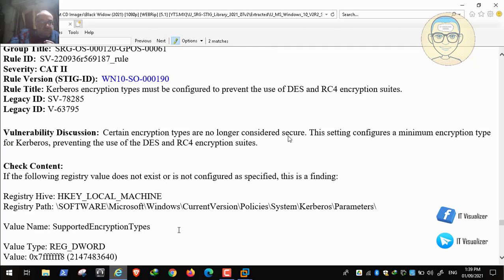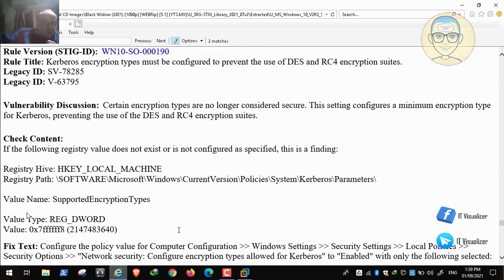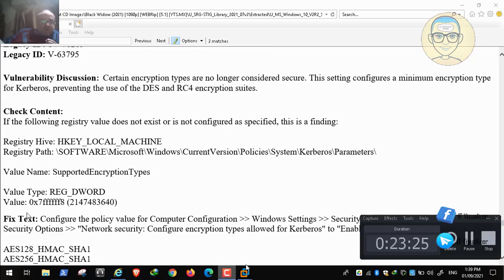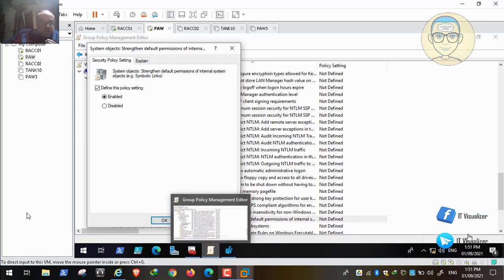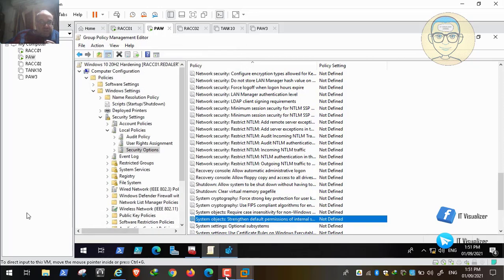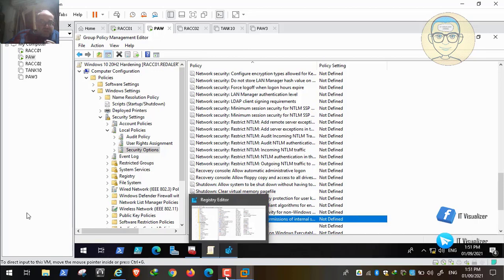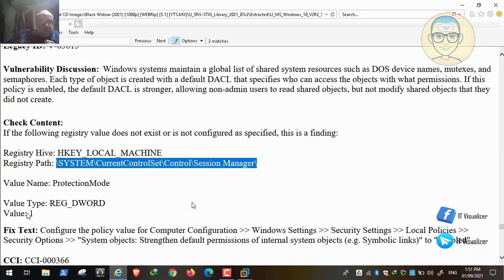So we need to strengthen our Kerberos protocol so that the authentication data, the username and the password, is not encrypted using all kinds of encryption keys. Let's see how we can configure this.